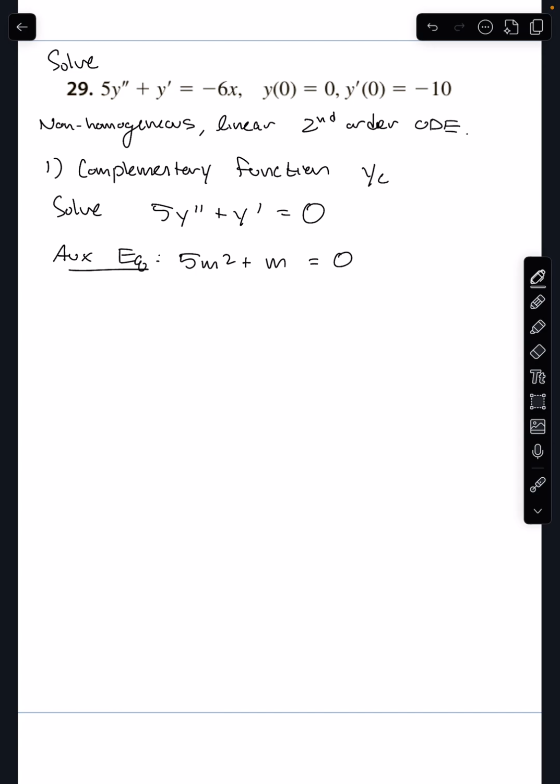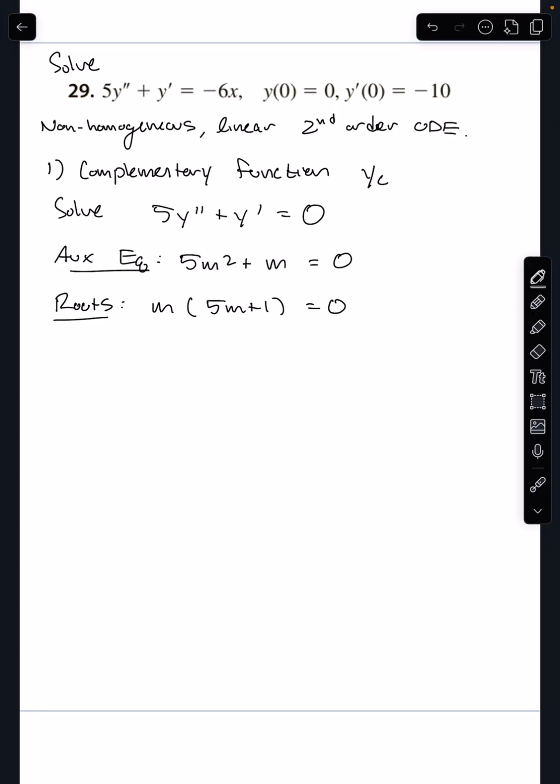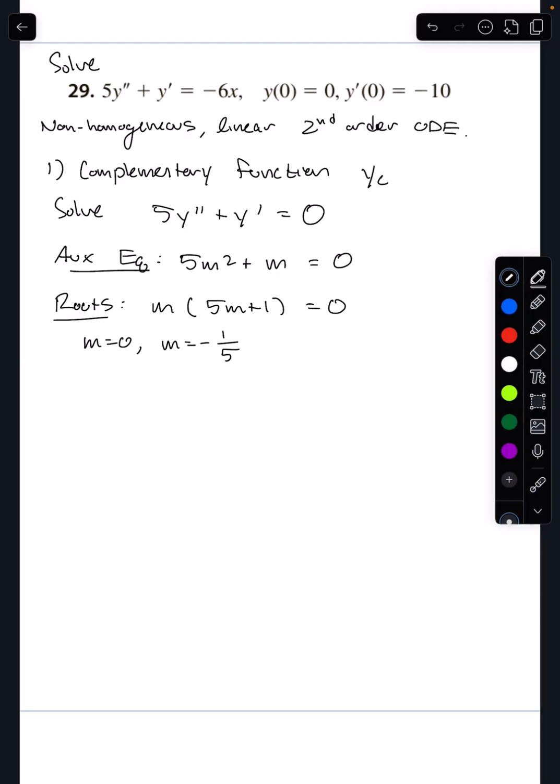And so to find the general solution here, we need to find the roots of the auxiliary equation. And we can factor an m out of both these terms. And so we see that our roots are m equals 0 and m equals negative 1/5. And so these are distinct roots.